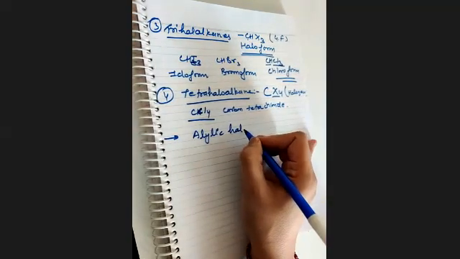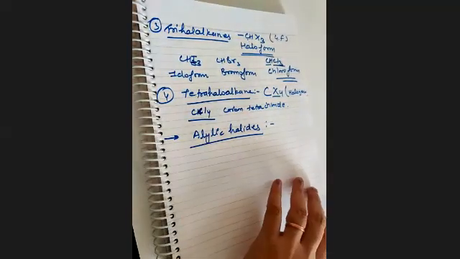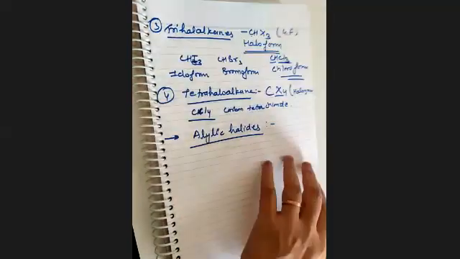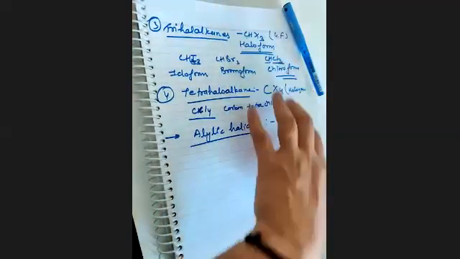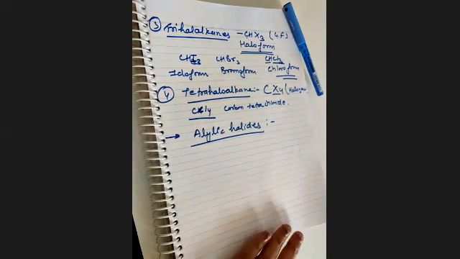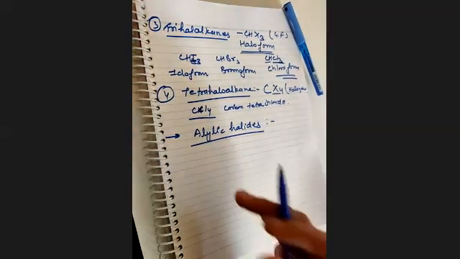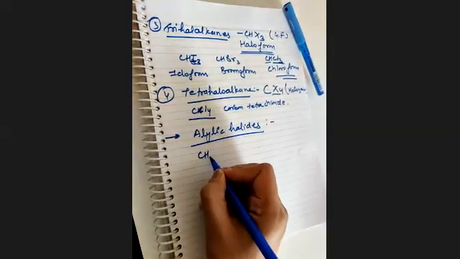So next, let's move to another category of haloalkanes, that is allylic halides. I think you are familiar with the allylic group, which we studied in class 11th. So let me tell you when this compound forms.